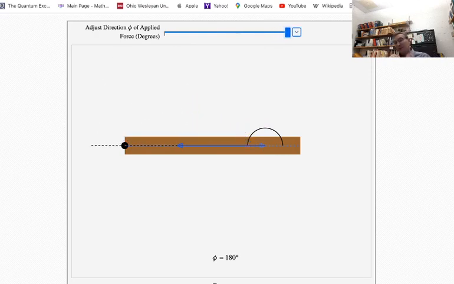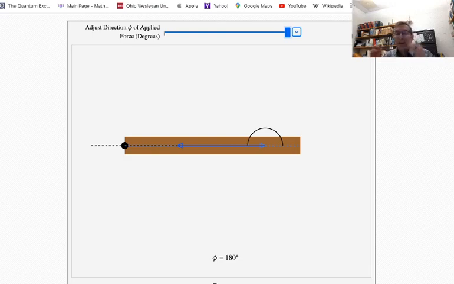Okay, so as we swing all the way around like that with the direction of the force, when is the torque the most positive? When is it the most negative? And when is it 0? Most positive means you have the largest tendency to rotate counterclockwise. 0 torque means you have no tendency to rotate at all. Most negative torque means you have the largest tendency to rotate clockwise.